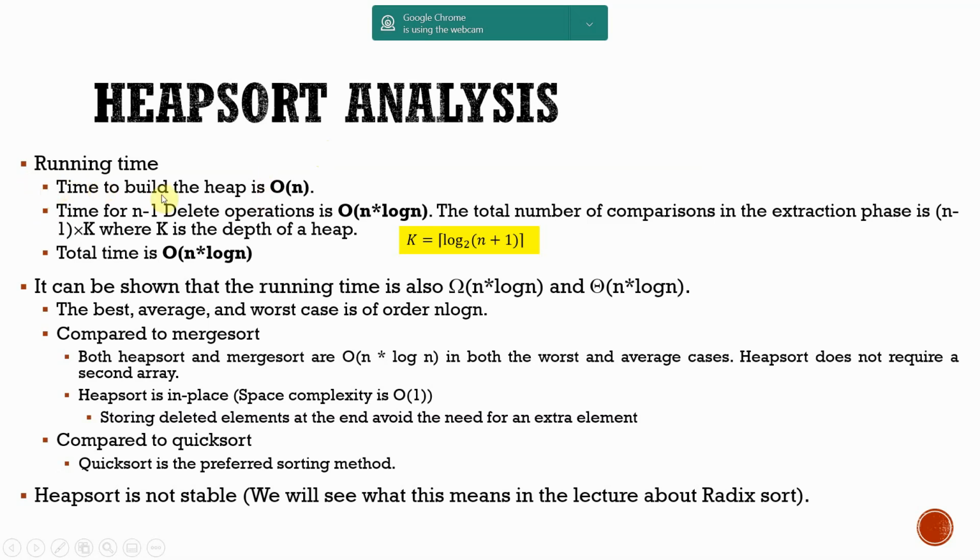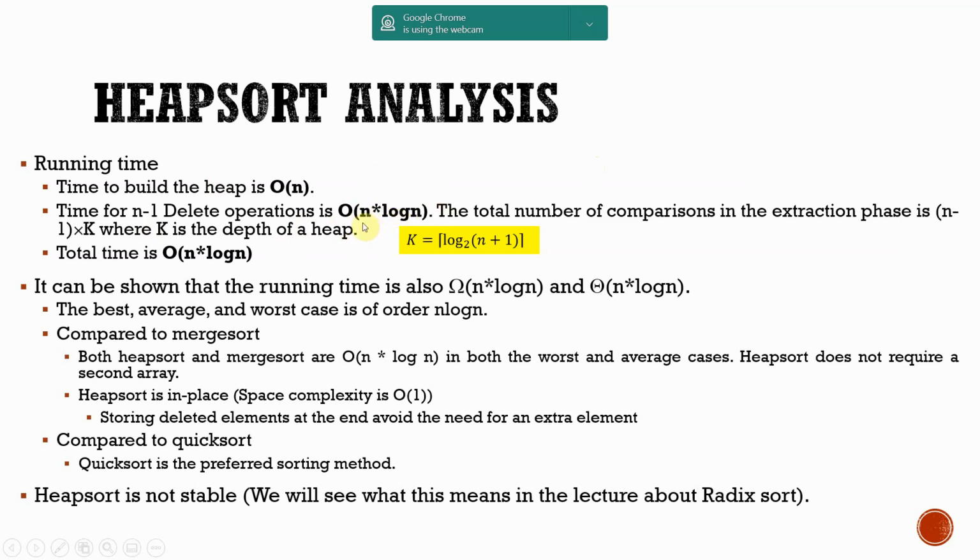If we use the more efficient way of making a heap out of an array, we saw previously that the big O notation of that is O(n). And if we delete one root, it's going to be O(log n), right? We saw the delete operation in the previous video, and we're doing it n-1 times.